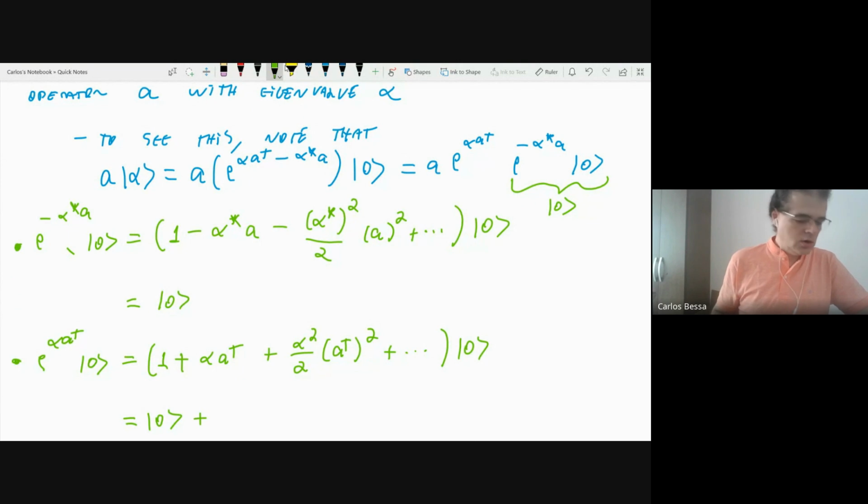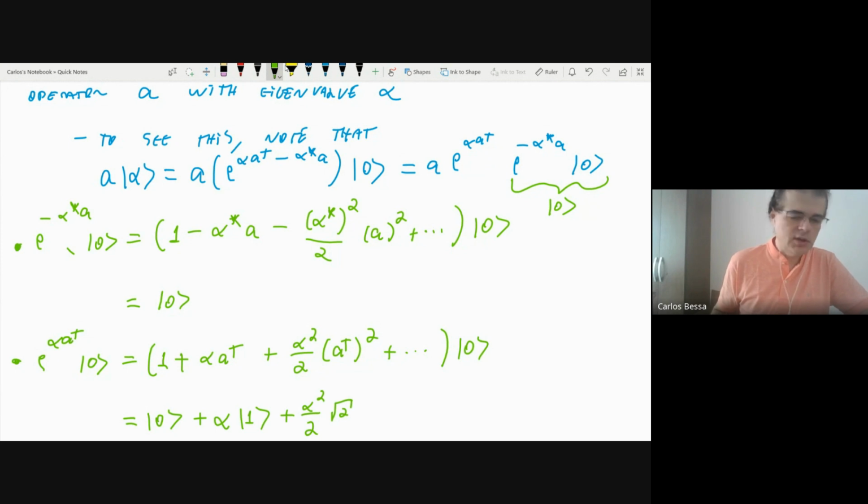The second, alpha A dagger applied to 0, will be just the state 1, plus alpha squared over 2 A dagger squared applied to 0. We saw the general expression in the last lecture.